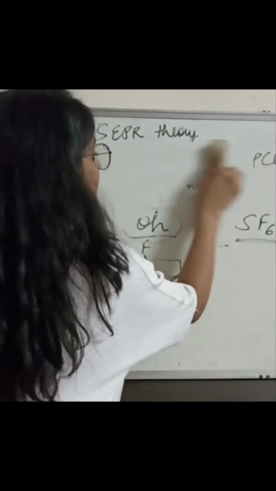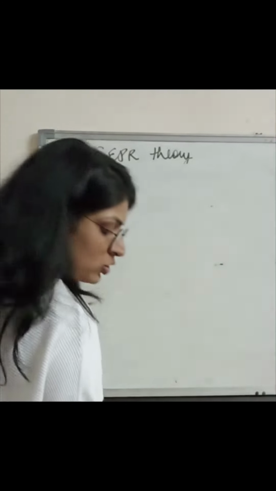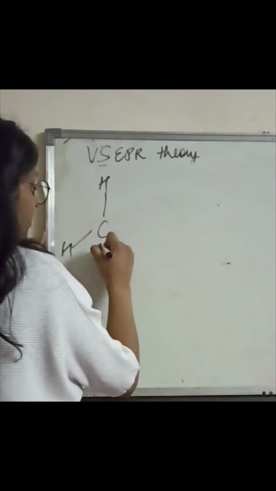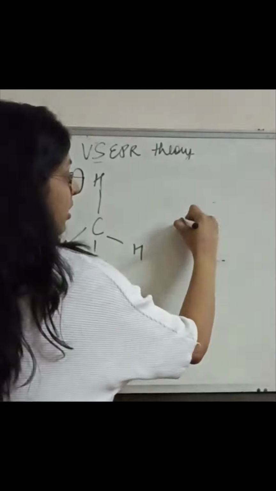Now we see what happens when lone pair repulsion starts occurring in a molecule. So we see that distortion of geometry starts occurring. For example, we have CH4. We know that CH4 has tetrahedral geometry.